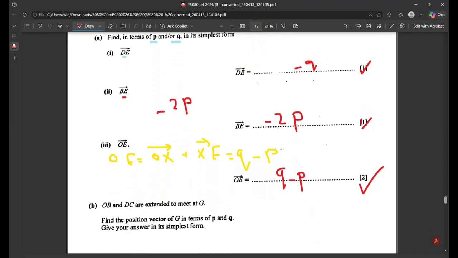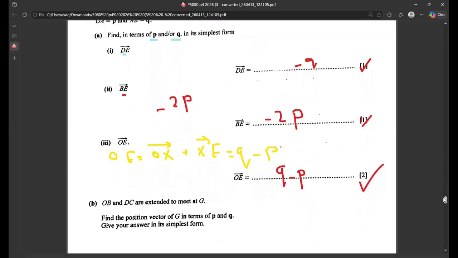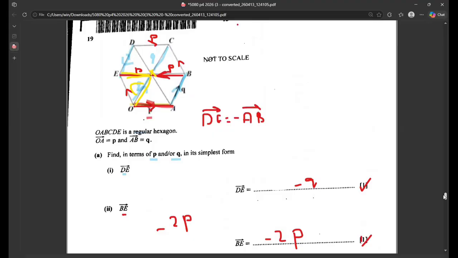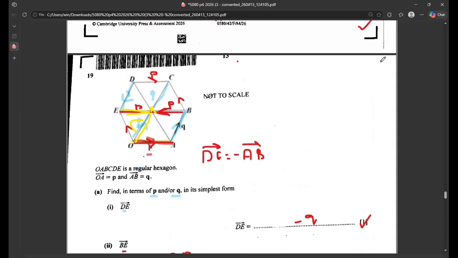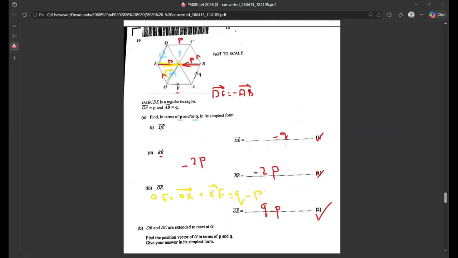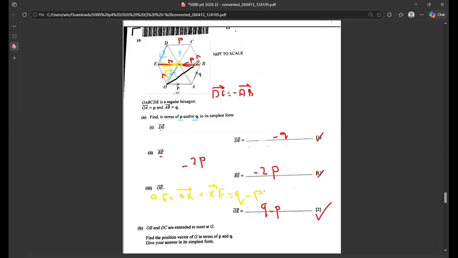Next here, he gave you OB and DC are extended at G. So you're going to extend the OB and the DC. Well, he needs you here to extend it like this. So we can say here, the OB, we extend it outside here.